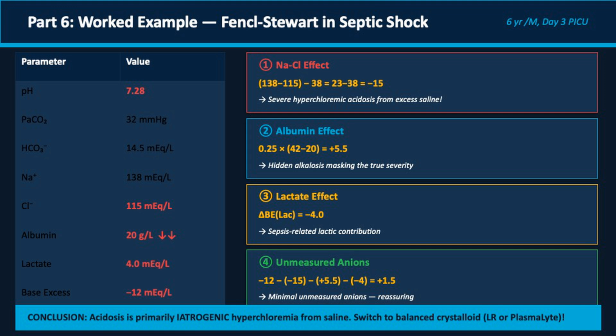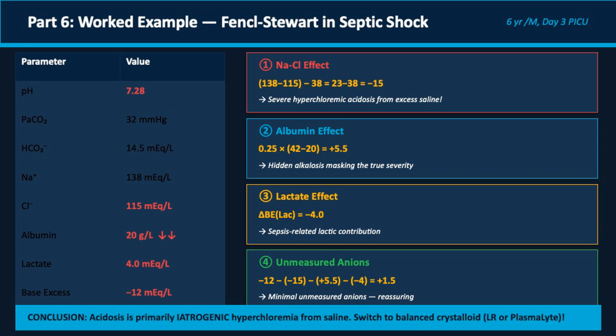The second component is albumin effect, which comes out to be +5.5. So the low albumin is creating a hidden alkalosis of 5.5. It is masking the true severity. Without it, base excess would be -17.5. And the third component is lactate effect, which is -4.